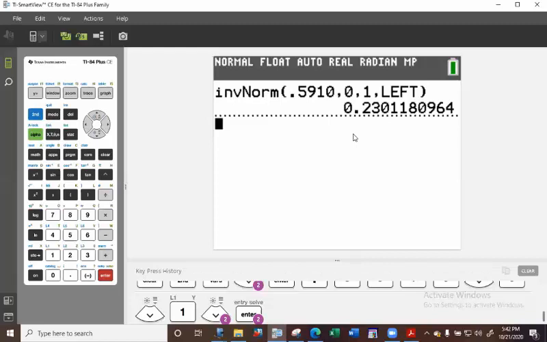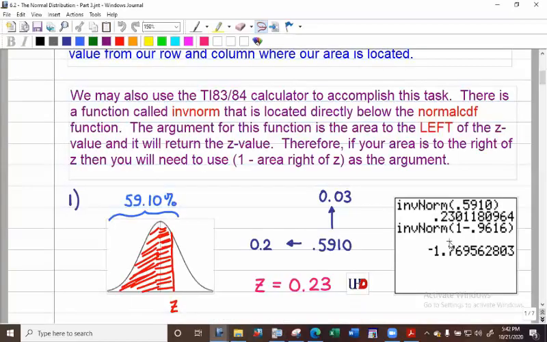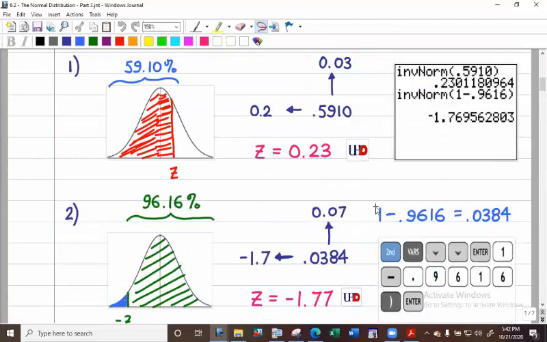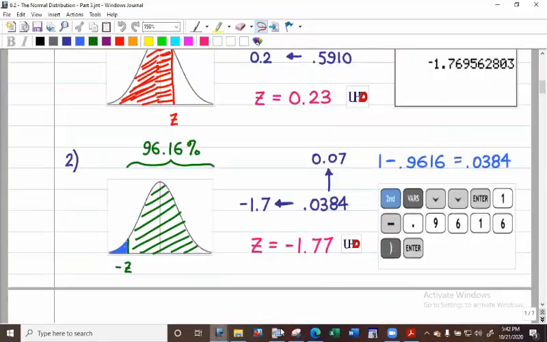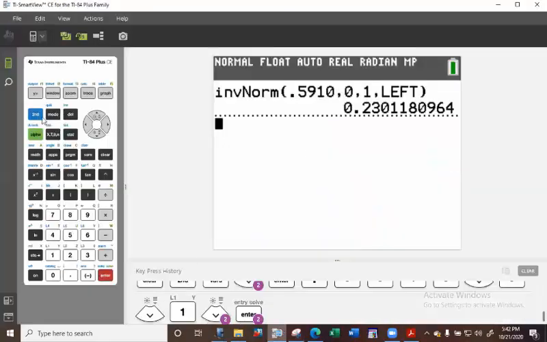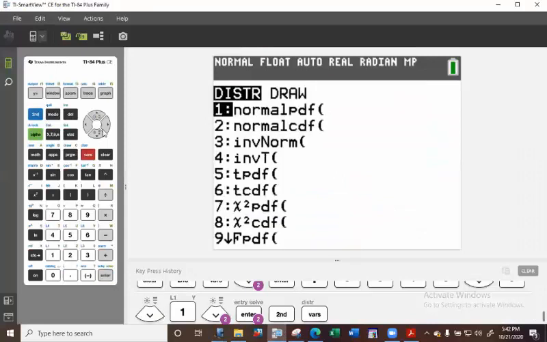And so there you go. So it's the same thing. And then the other one, after we subtracted, was 0.0384. Yeah, that would be the left area. So I'm going to go second inverse norm.